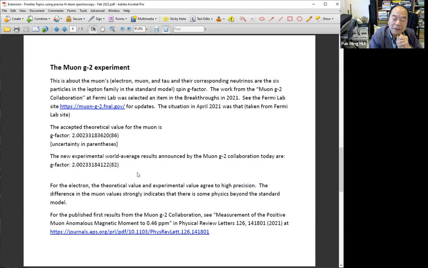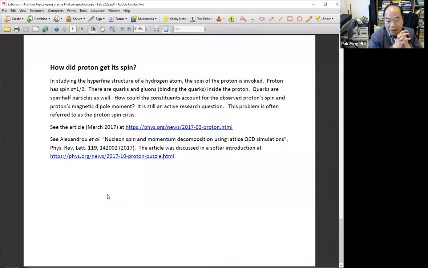But the difference is significant enough to hint that there may be some new physics beyond the standard model. For those who want to read the very first experimental data published, this is the paper to look at.